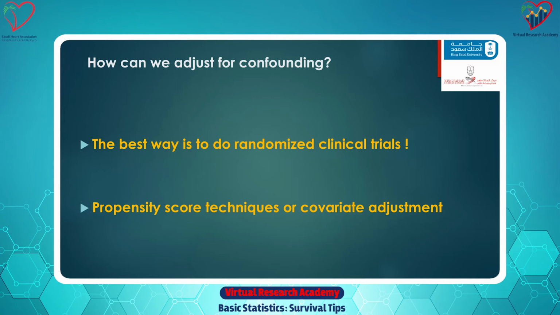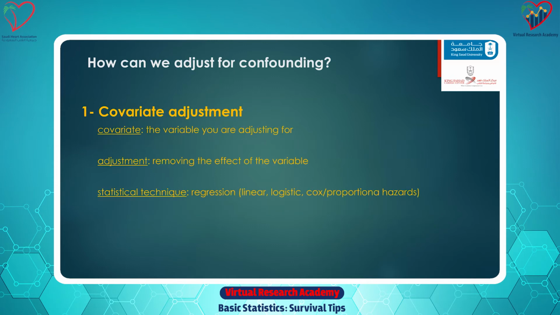So for observational studies, we have two major techniques. One is called propensity score techniques, and the other one is covariate adjustment. And I'll explain these. First, a few definitions. Covariate simply means the variable you're adjusting for. It's just a fancy name for any variable.